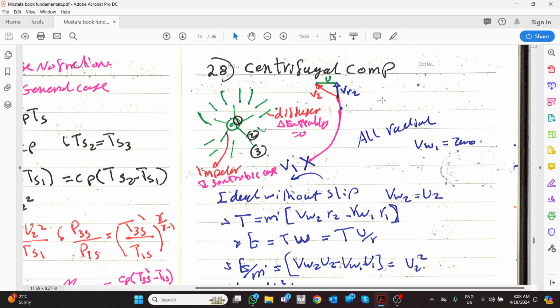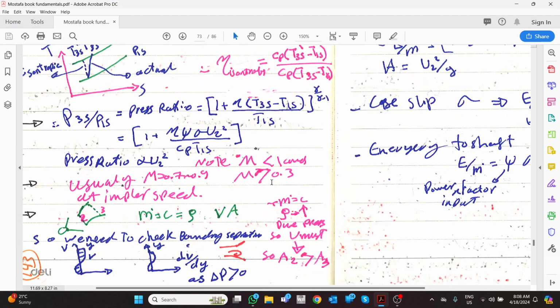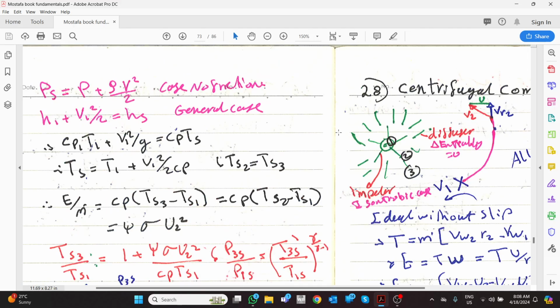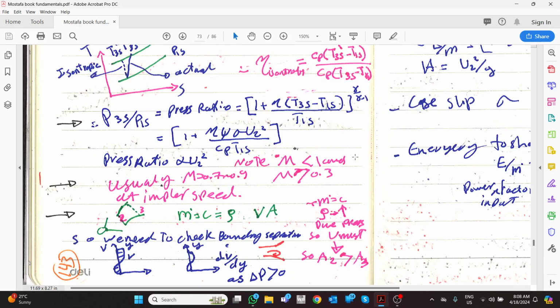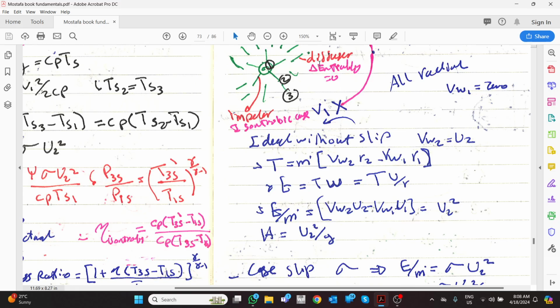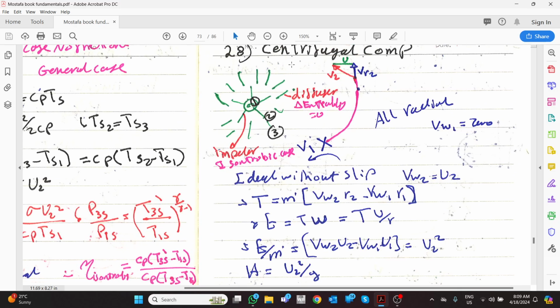You will not compress air. So you need to ensure that your Mach number is bigger than 0.3, and that your Mach number, anywhere, is less than 1, because you don't want shock. Because when you have shock, all the velocity profiles, diffusers, etc., the air stops knowing what is happening outside.